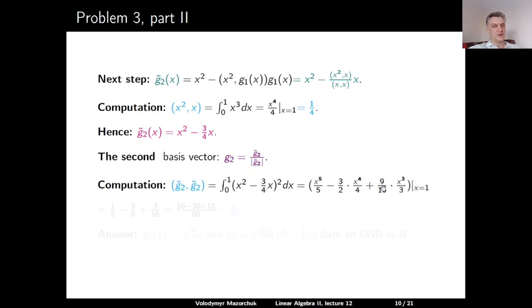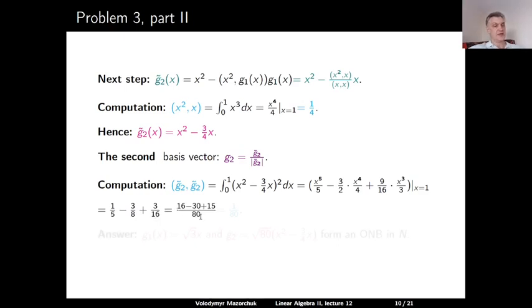And then the primitive function for this is x to the power 5 divided by 5 minus 3 divided by 2 times x to the power 4 divided by 4 plus 9 divided by 16 times x to the power 3 divided by 3. And we need to evaluate it at x equal to 1. So the first summand will be 1 divided by 5, the second summand will be 3 divided by 8, and the third summand will be 3 divided by 16.